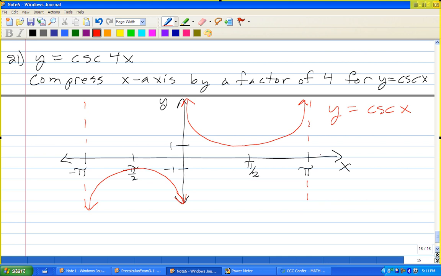And now let's squash this in by a factor of 4.